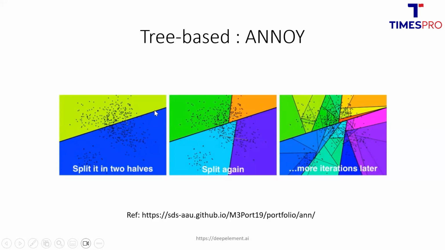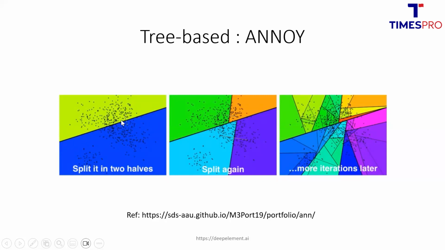How do we find this random hyperplane? By randomly selecting 2 points. Let's say we have selected this point and this point. Then we draw a hyperplane which is orthogonal to the line joining these 2 points, and at the same time passes through the center of this line.